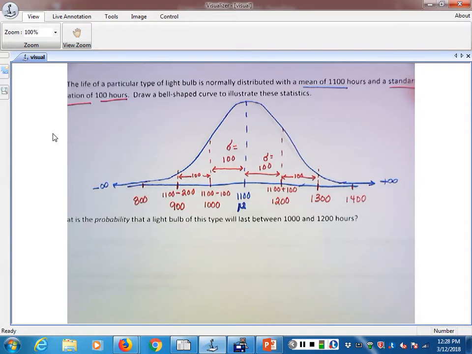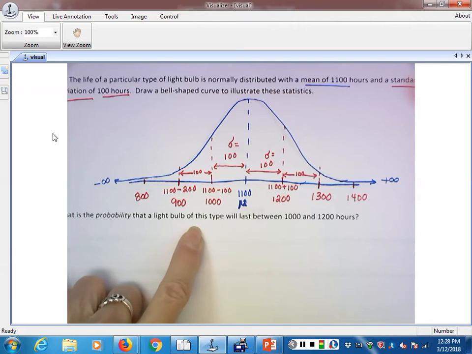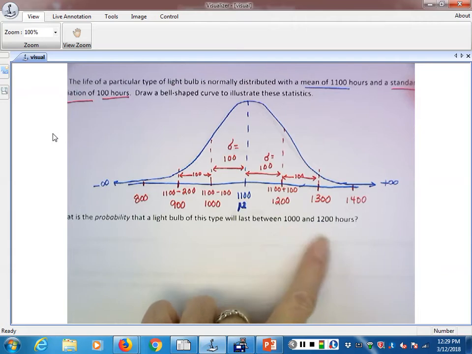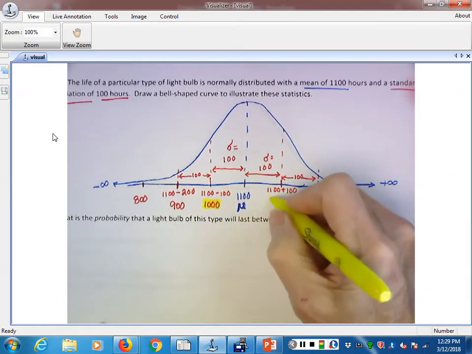So then our question says, what's the probability that a light bulb of this type will last between 1,000 and 1,200 hours? Here's 1,000. Here's 1,200.